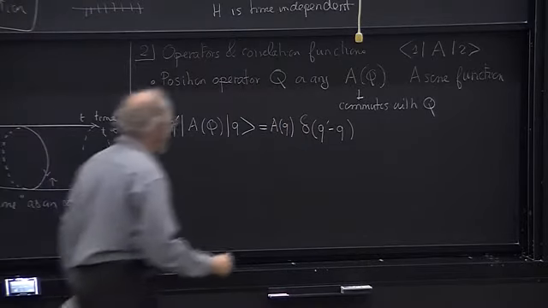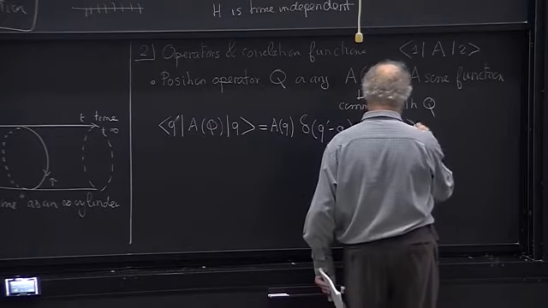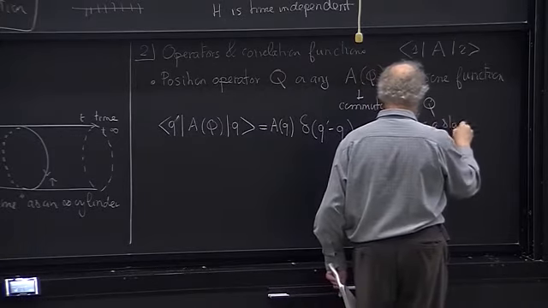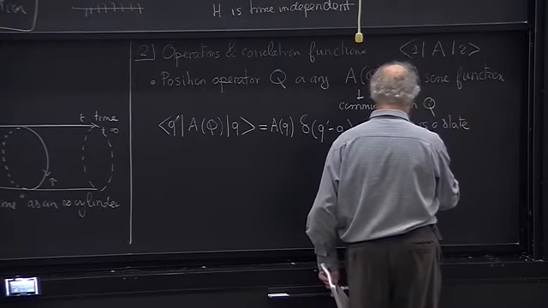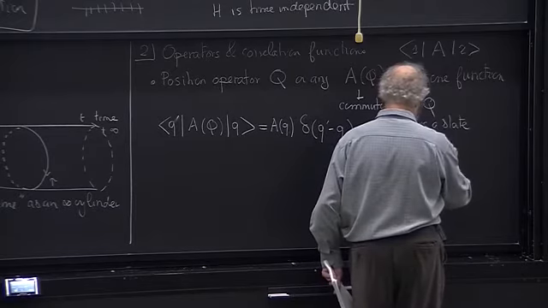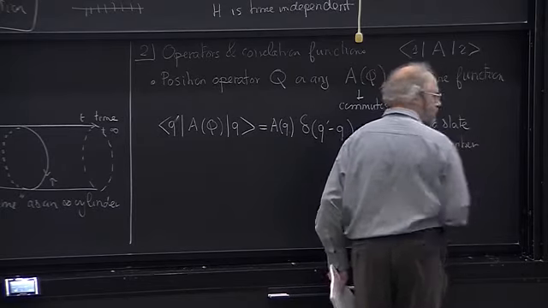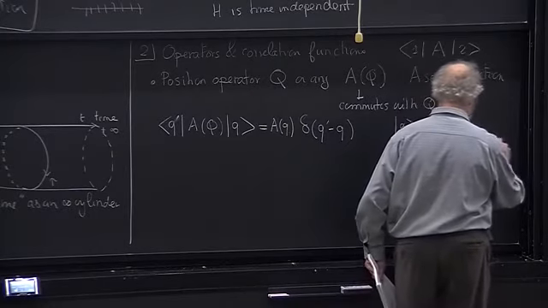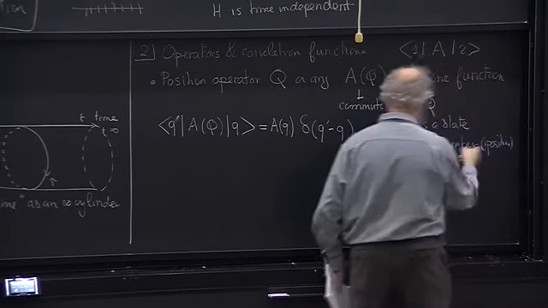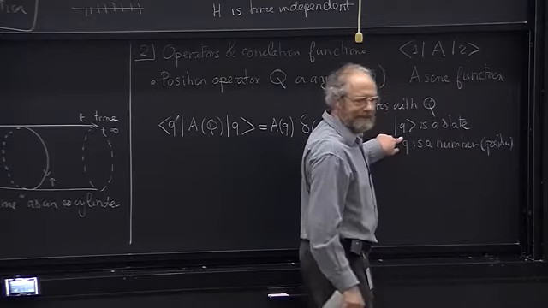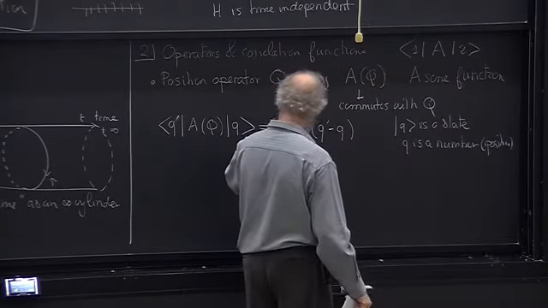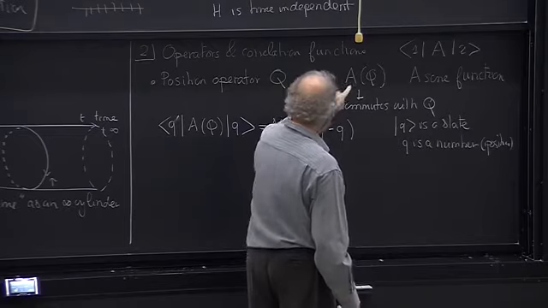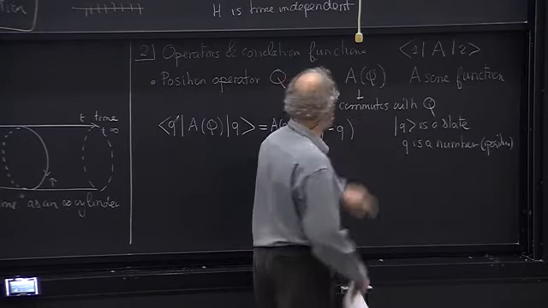So remember, Q inside the ket is a quantum state, but Q in the function is a number. It's a position that labels a quantum state. So this is a function of the position, while this is a function of an operator.